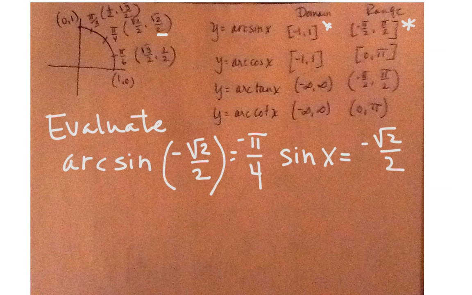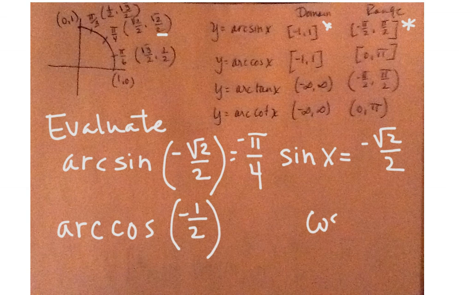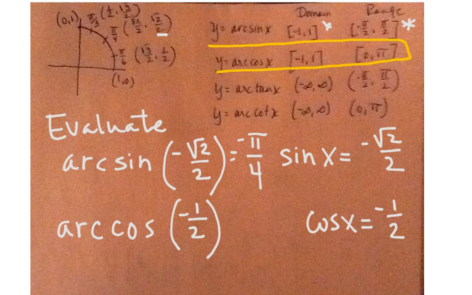And so let's look at another one. How about arc cosine of negative 1/2. So again, what does that mean? That means the cosine of some angle equals negative 1/2. And now when I'm looking at arc cosine, I'm in the domain between negative 1 and 1, and my range has to be between 0 and pi.